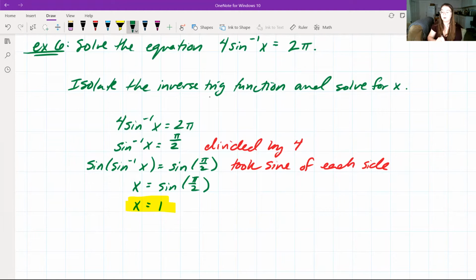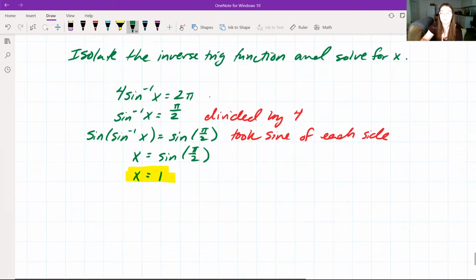And sometimes MyMathLab or other things will ask us to give the solution set. The solution set is always going to be the set of all solutions.